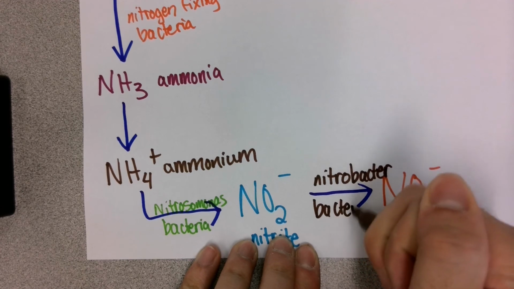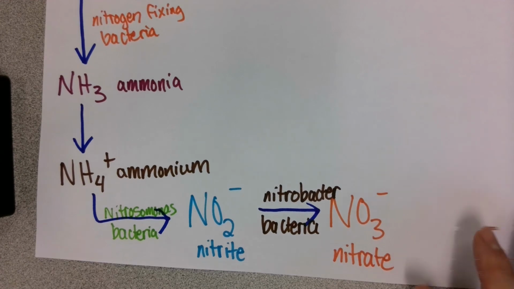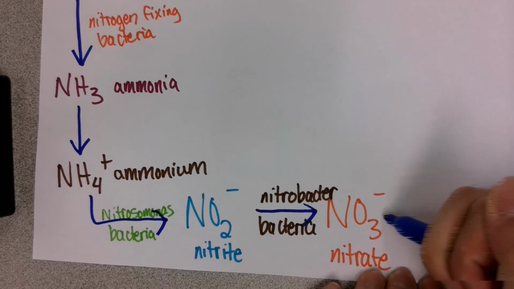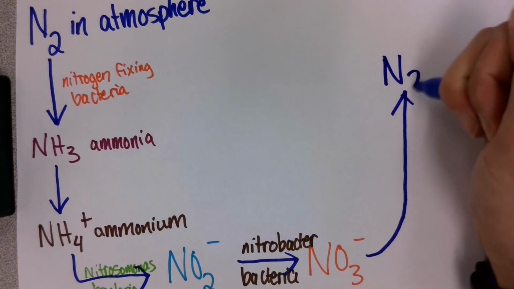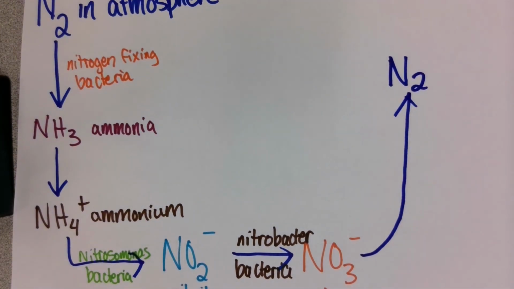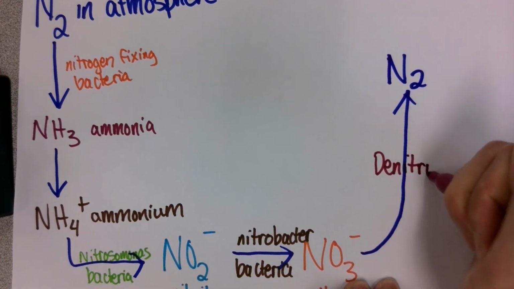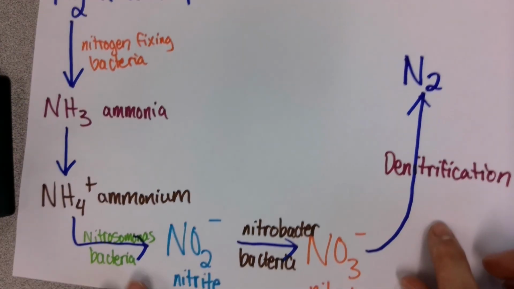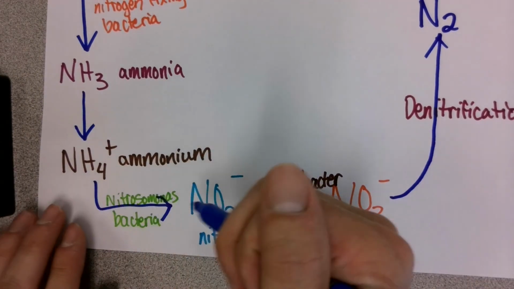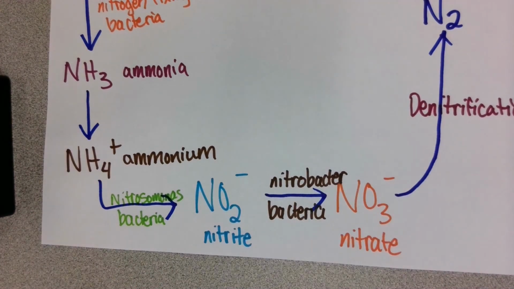In waterlogged soils or waterlogged areas, places that don't have access to oxygen, the NO3 is going to be turned into N2, and this process is known as denitrification. This whole process down here at the bottom, in which ammonium is converted into NO2 and then NO3, is called nitrification.